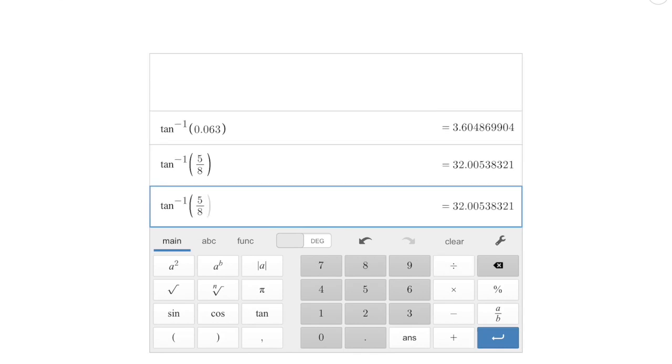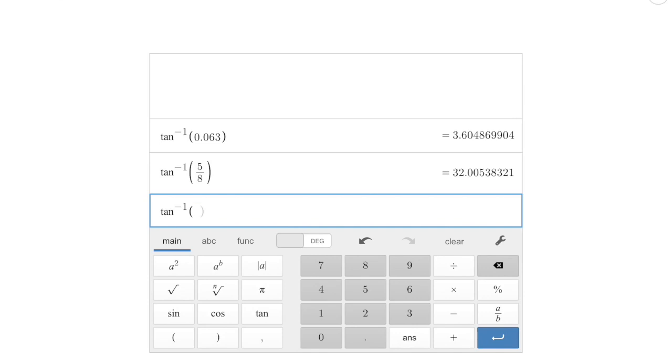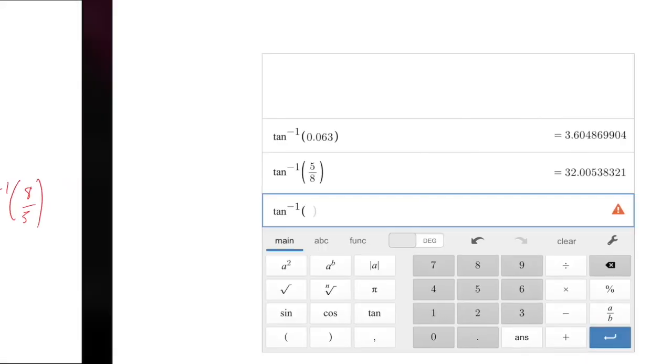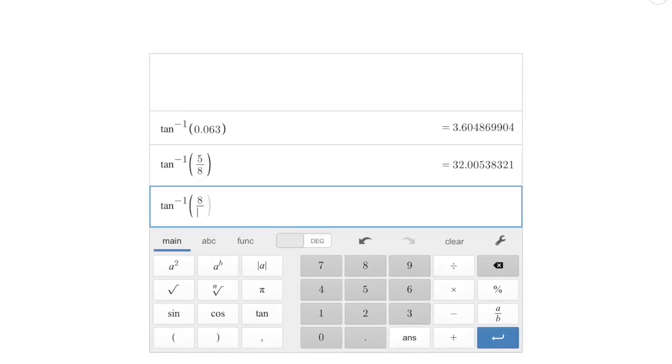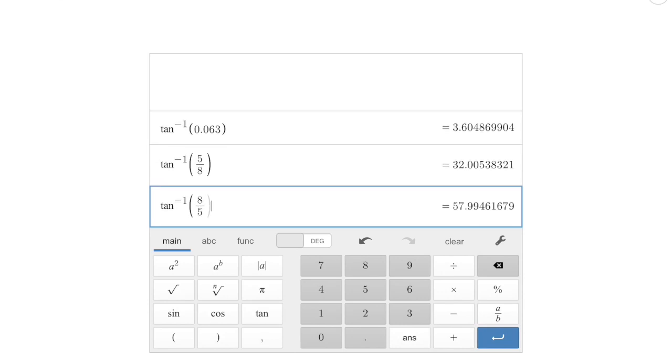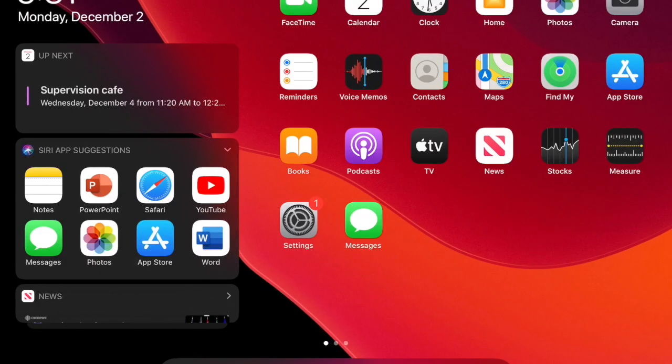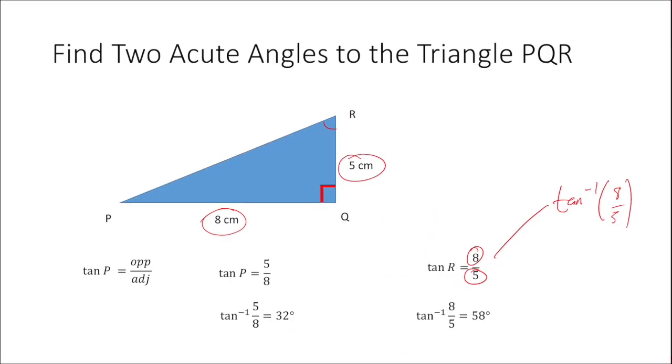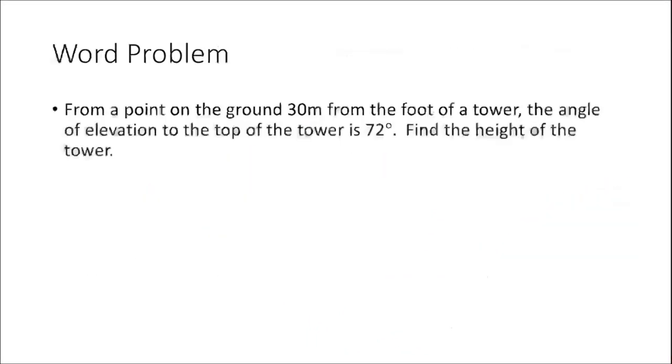Close my brackets on the outside. It was 8 over 5. Anyway, the answer is 58, and that's how we got 58.